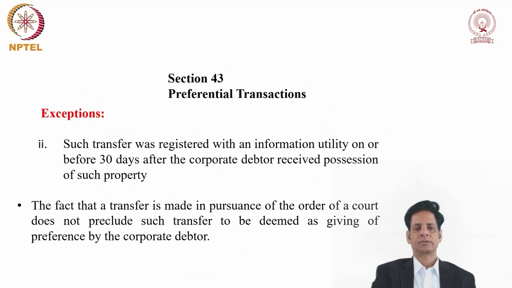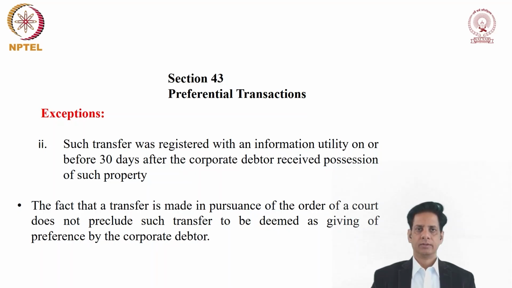And the last exception, the line is, such transfer was registered with an information utility on or before 30 days after the corporate debtor received possession of such property. Now, as far as part B is concerned, there are two conditions.